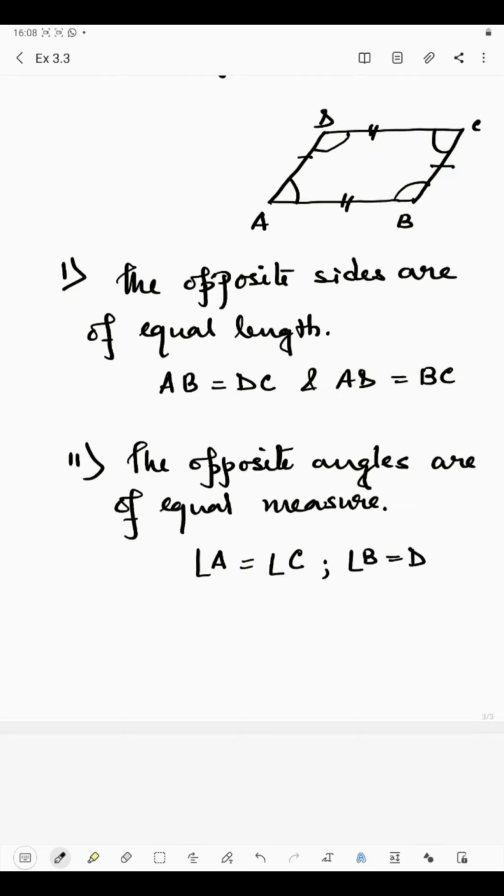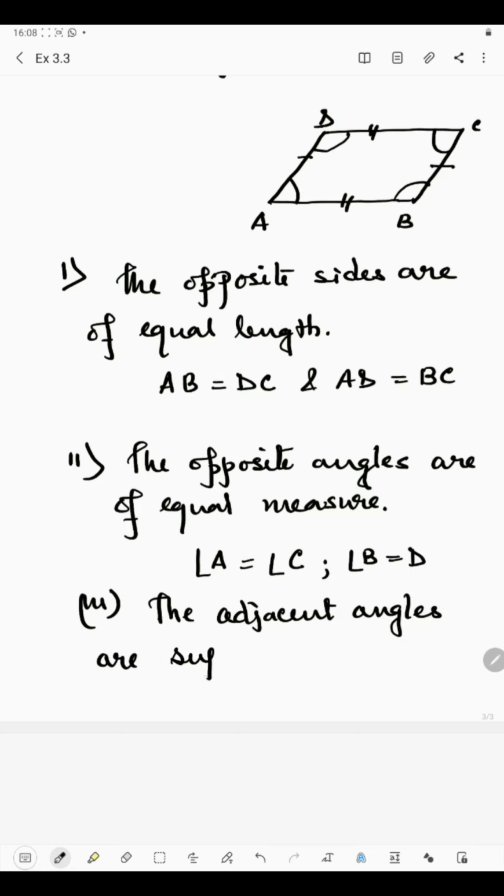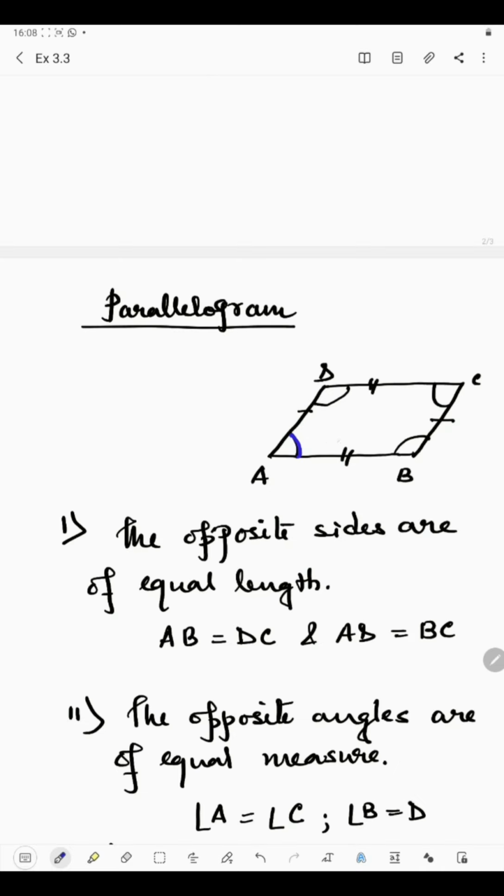Now the third property is that the adjacent angles in a parallelogram are supplementary. Supplementary means the sum of two angles makes 180 degrees. Now this angle and this angle are supplementary, as these two are adjacent angles. So the sum of these two makes 180 degrees, or this and this also make 180 degrees, because angle A and angle B are adjacent angles.